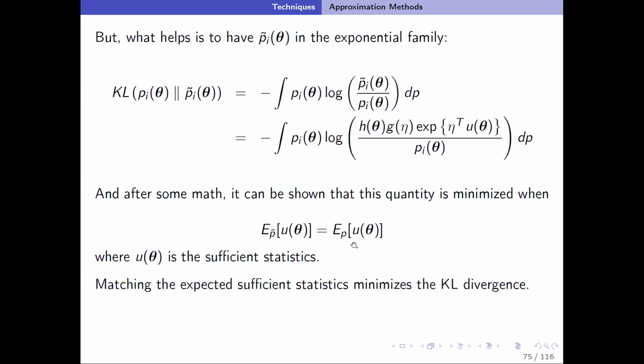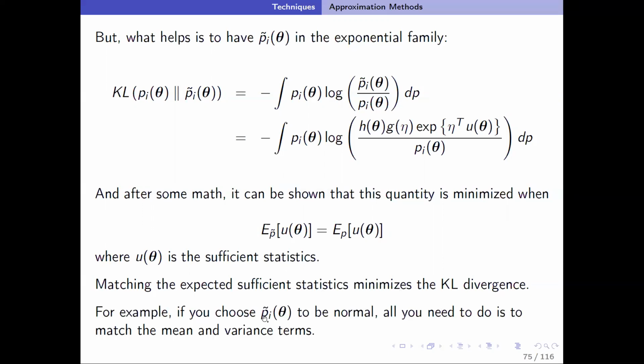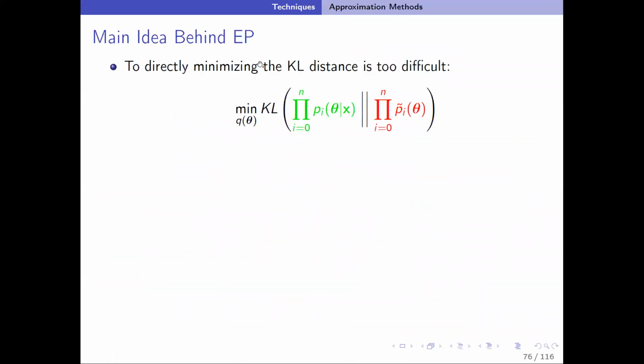So in other words, if you choose an exponential family distribution and you know what your sufficient statistics are, you match the expected sufficient statistics to minimize the KL divergence. If you choose your P tilde to be normal, all you need to do is match the mean and the variance terms.